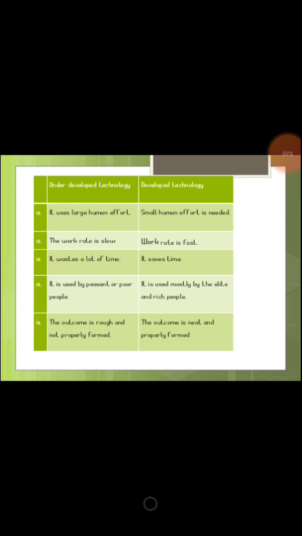It will take much time to use a broom to sweep, while when I'm using my vacuum cleaner, it will just make my work very fast. Or I'm using my washing machine to wash my clothes, and I'm using my hand to wash my clothes, you can see that the work rate for the underdeveloped will be slow, while the work rate for the developed will be fast.